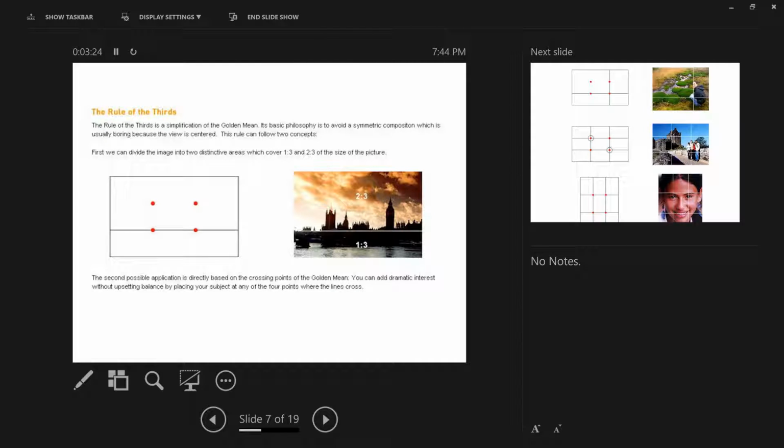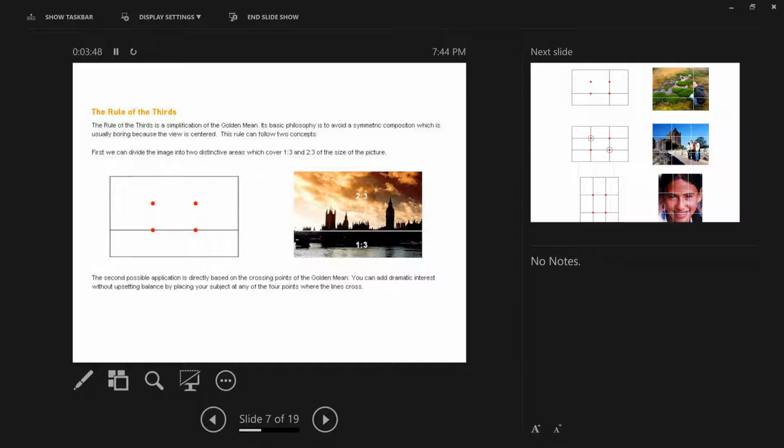You don't really get a sense of the rule of thirds from this image because it's just 4 dots in a box. But if you were to divide this box into thirds, where those intersecting lines are is where those red dots are. So if you were to take a photo of this, looks like England, London on the Thames somewhere, right?